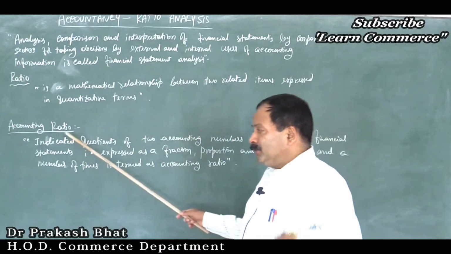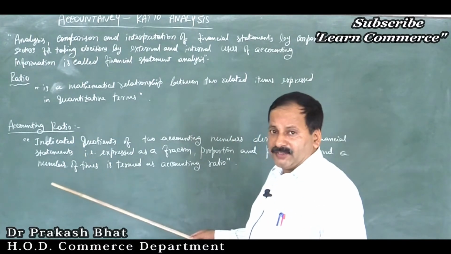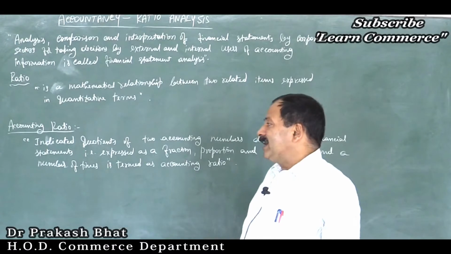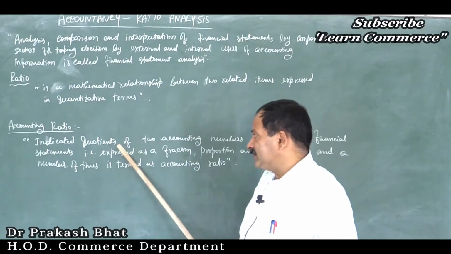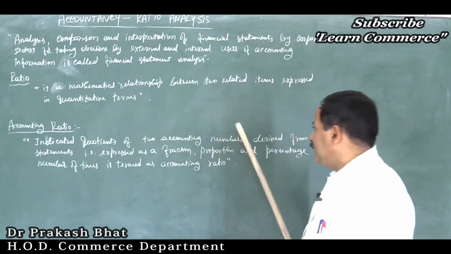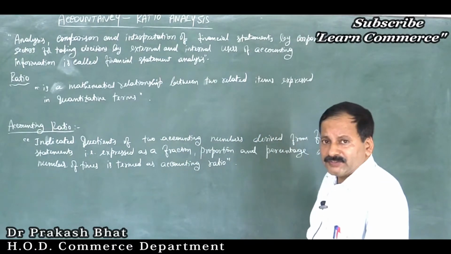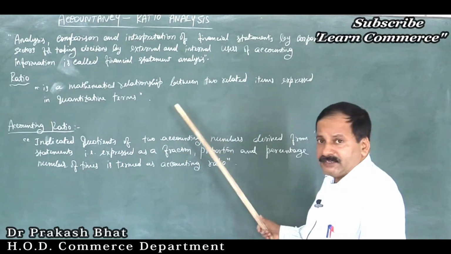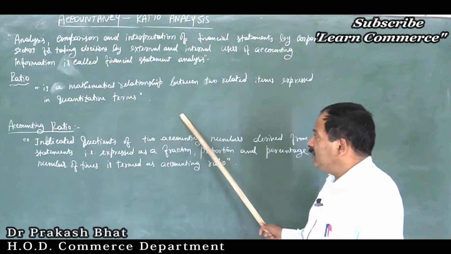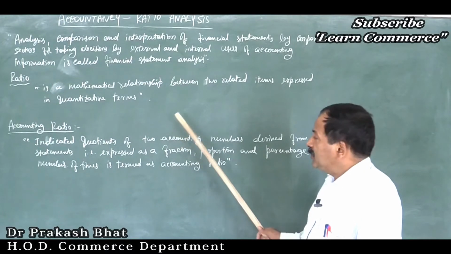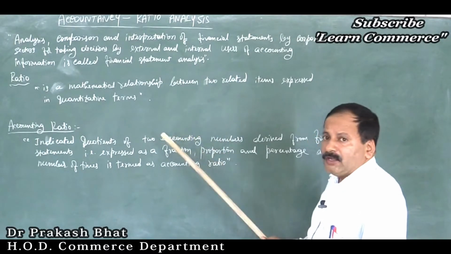Now, moving on to the topic given here, what is an accounting ratio? Indicated quotients of two accounting numbers. Quotient means what? When we express it as 2 is to 1, isn't it? Or 1.5 is to 2.